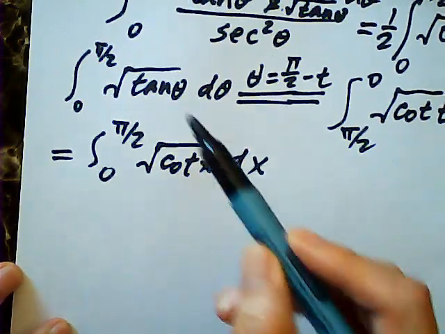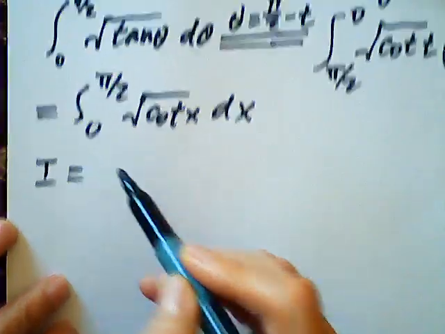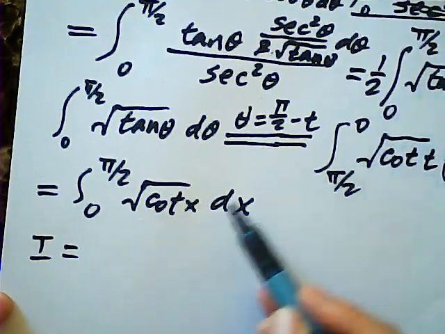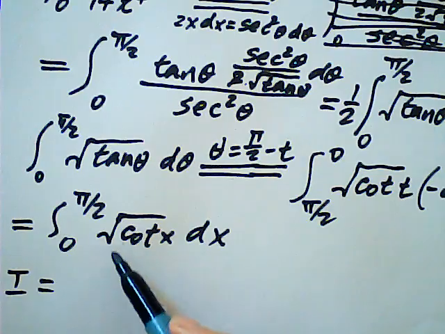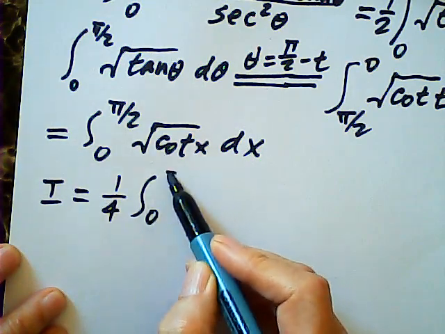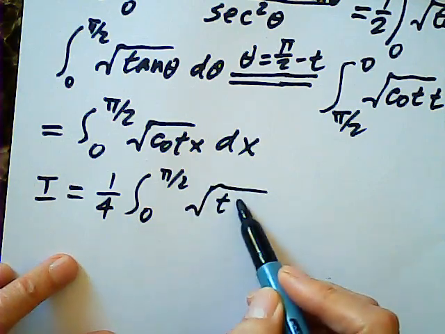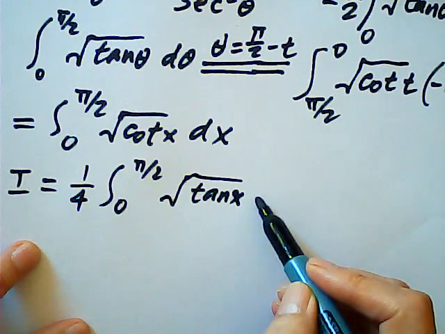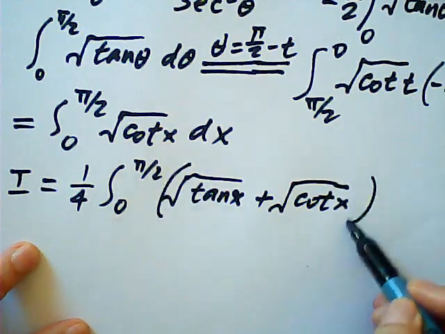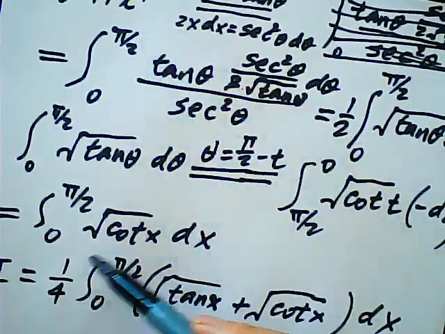Because of this, my original integral is equal to 1/2 of half tangent plus this, which becomes 1/4 the integral from 0 to half pi of square root tangent x plus square root cotangent x dx, because tangent and cotangent integrals are the same thing.